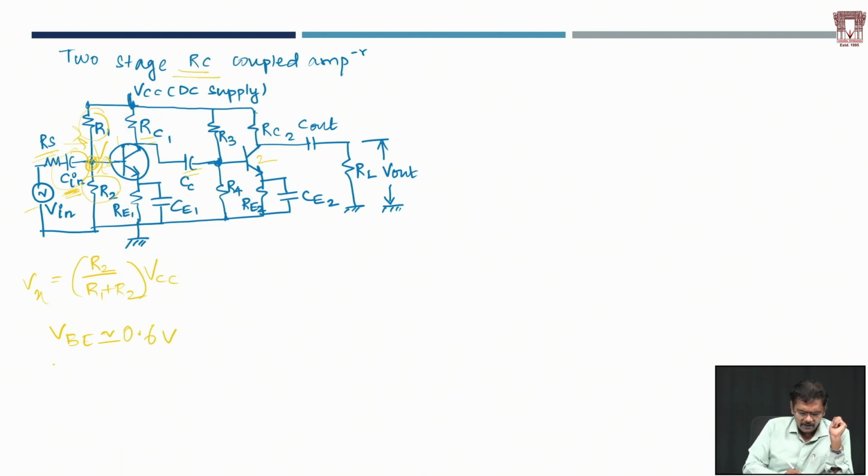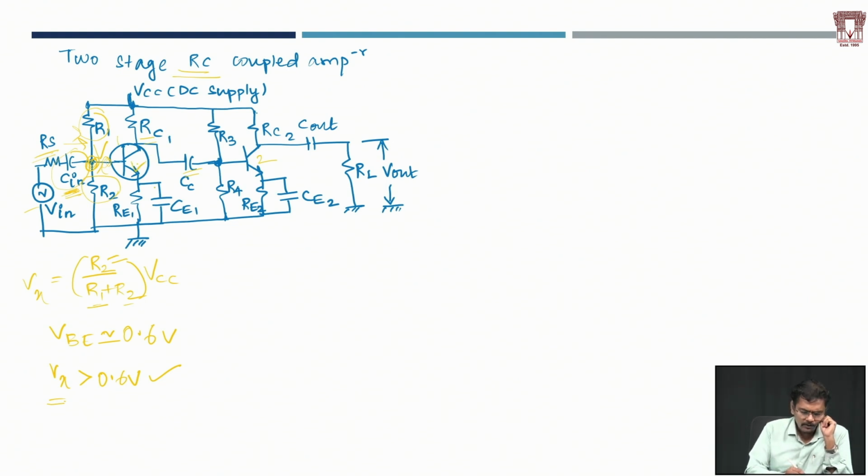So if the Vx value is greater than 0.6 volts, then the system will start to work. That means this transistor will turn on. So what is fixing it? R2 and R1, this voltage divider network, is what fixes how much the Vx value is supposed to be. Once you have the proper Vx value, which depends upon the R2 and R1 values, the transistor turns on.